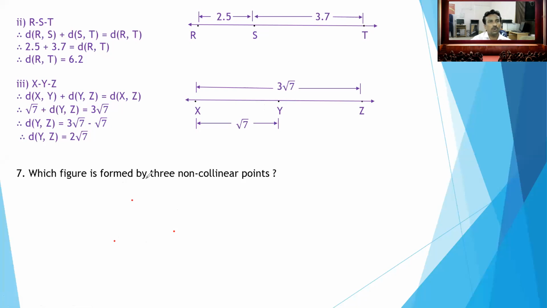Then if we draw lines passing through these 3 points like this, which figure is formed? These are 3 non-collinear points which are not in a single line. If we join them, then we can form a triangle. Got it?